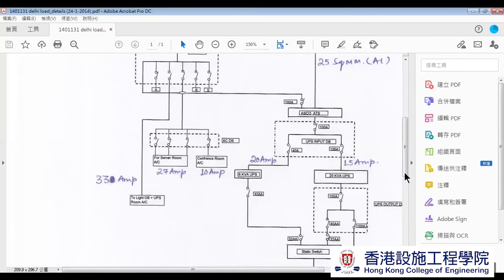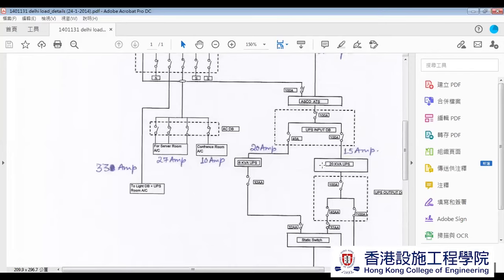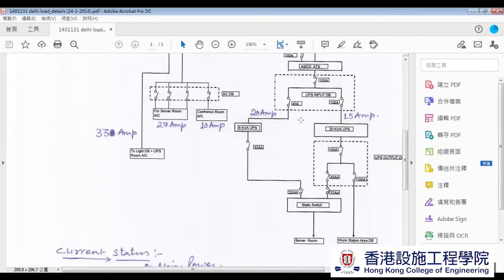Right, we can do it better, right? So from here, you can see that there is a UPS input, 100 amp and another 40 amps, which go to supply a 6 kVA UPS. Another one supplies a 20 kVA UPS.